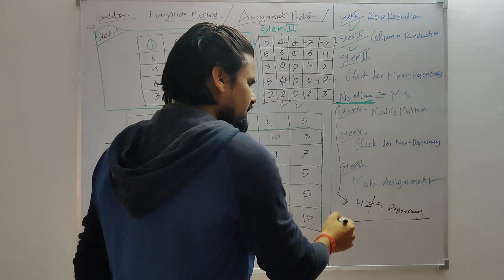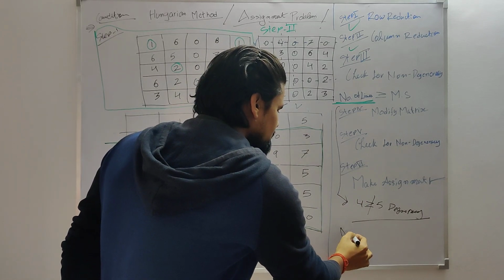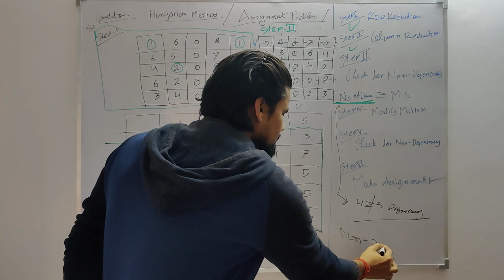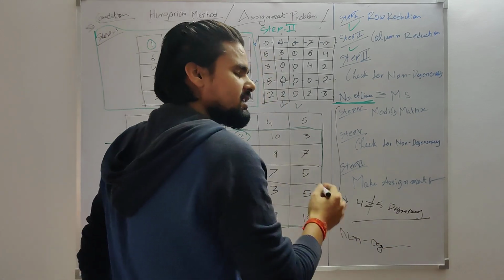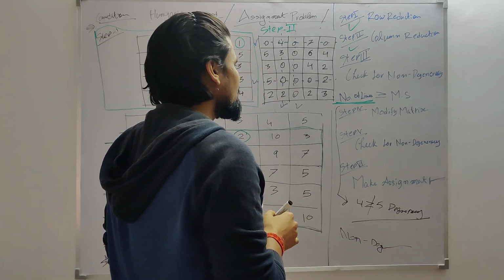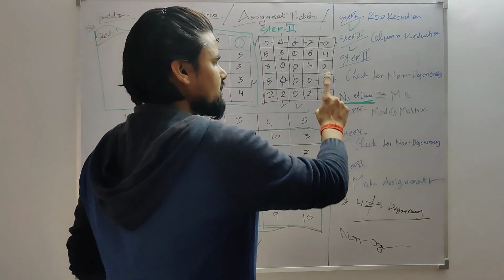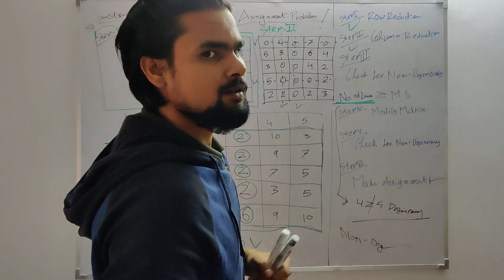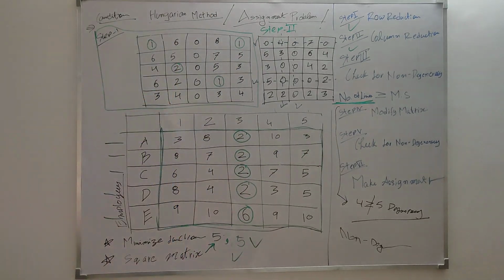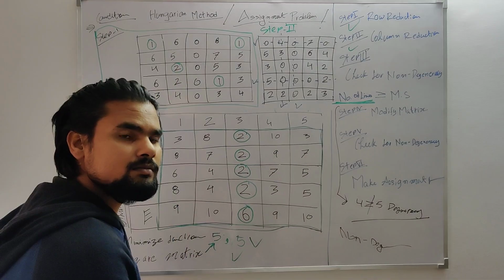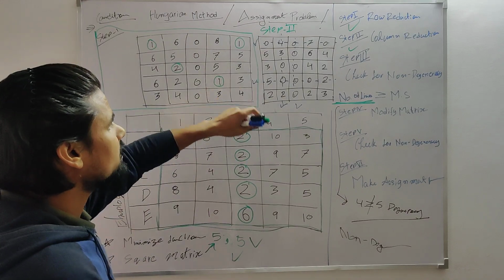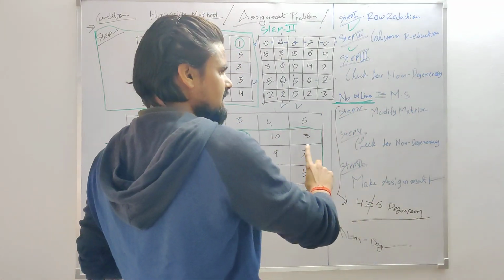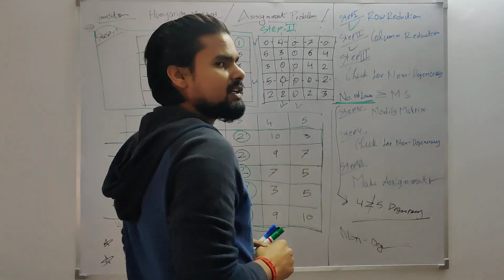What we want is non-degeneration. So now I will be modifying this matrix, which is step number 4. We have done till step number 3. Now we will be doing step number 4, which is modifying the matrix.